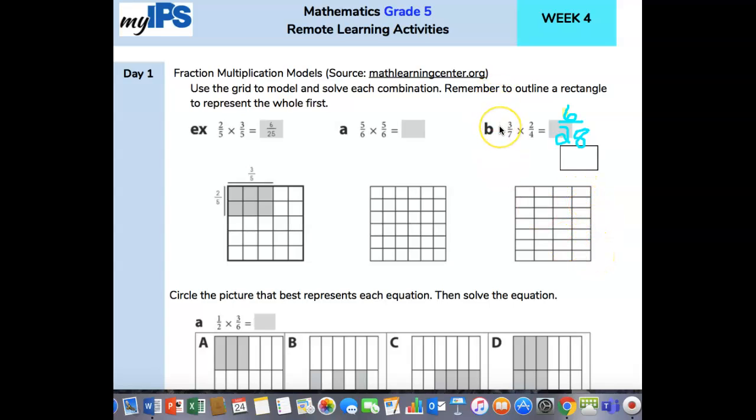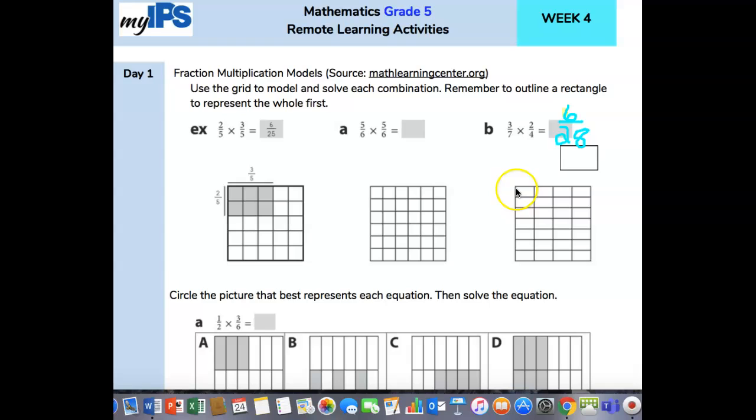So now we're going to find 3/7 times 2/4. Okay, so, all right, here's the sevenths this way. So 1, 2, 3/7. So let's go up and we'll change this to highlighter again.